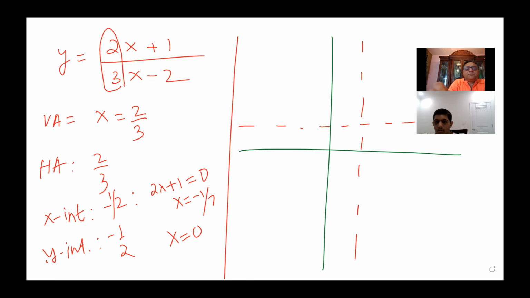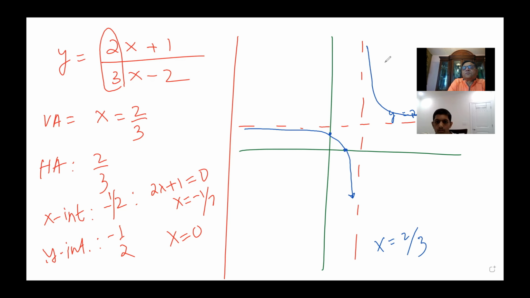This is y equals 2 over 3. This is x equals 2 over 3, less than 1. And we have x-intercept at minus half and y-intercept also minus half, correct? So we see that the graph will look like this.